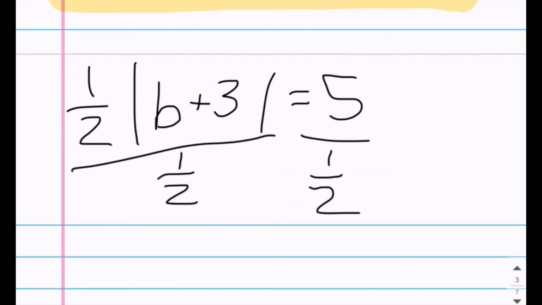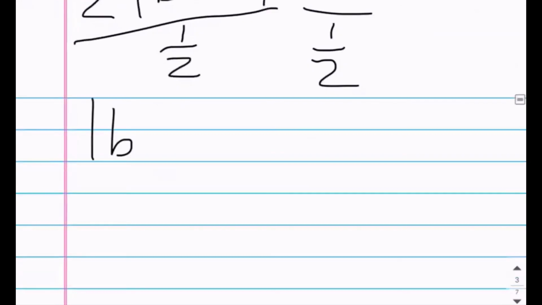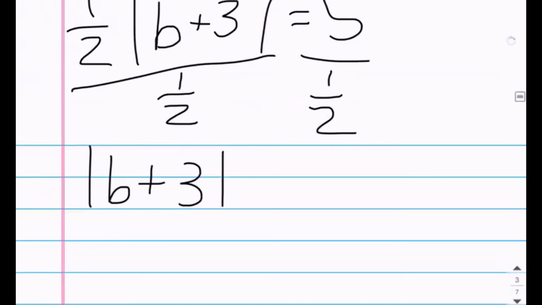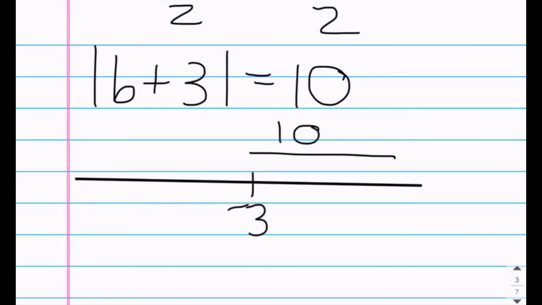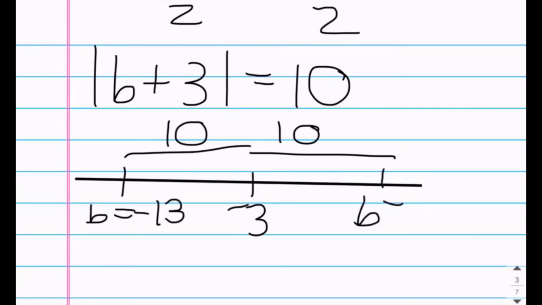Then, when we rewrite this problem, you get the distance between b and negative 3 is 10. So when we make the number line, we can put negative 3 over here, 10 to the right, 10 to the left. You get b is equal to negative 13, or b is equal to 7. We're almost done.